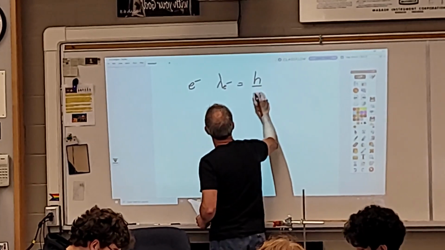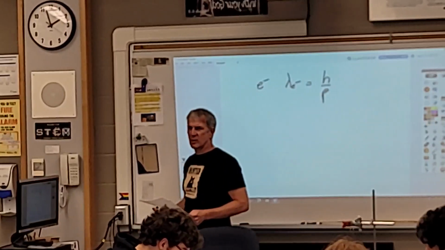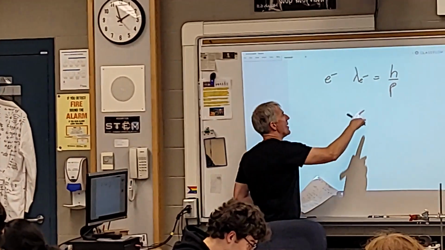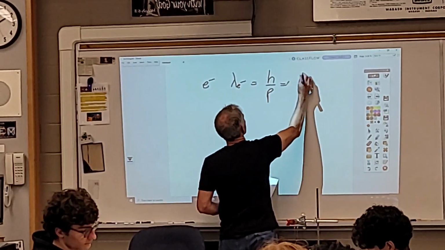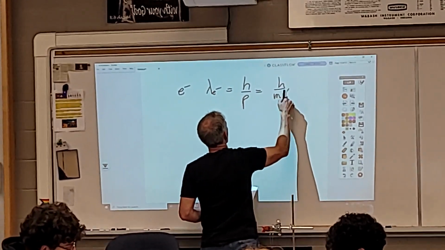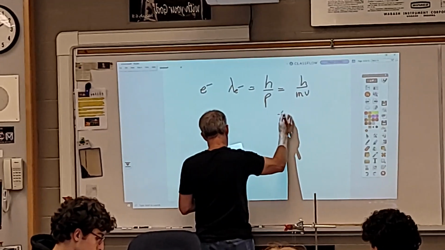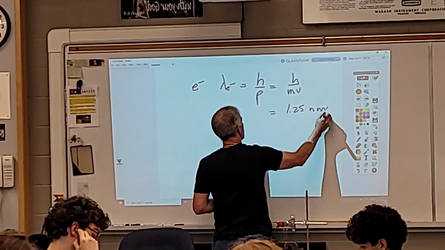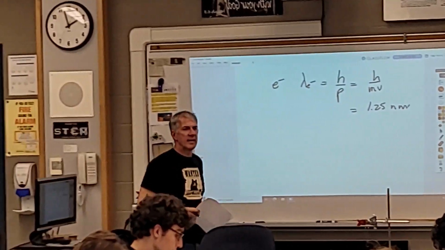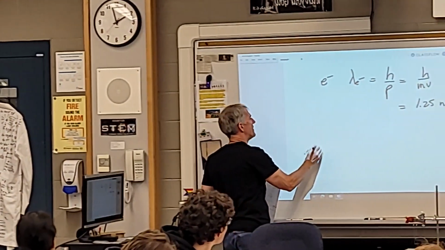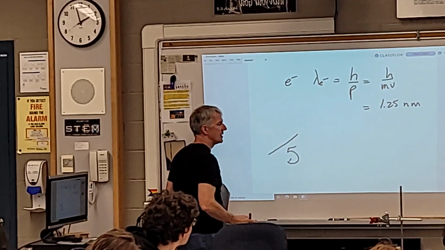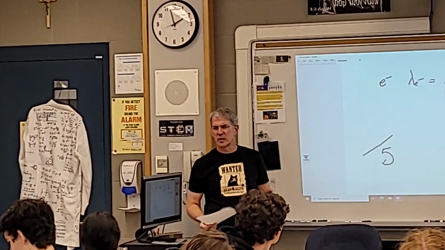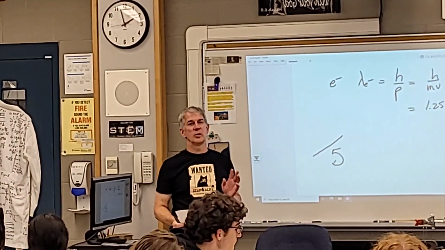Well, the wavelength of a moving particle is this equation here, and I know what the mass of an electron is, and I tell you that it's got a velocity already. All you have to do is plug that in to get 1.25 nanometers. So I made a decision and made this a 5-mark question instead of a 4, and your test is out of 43, not 42.